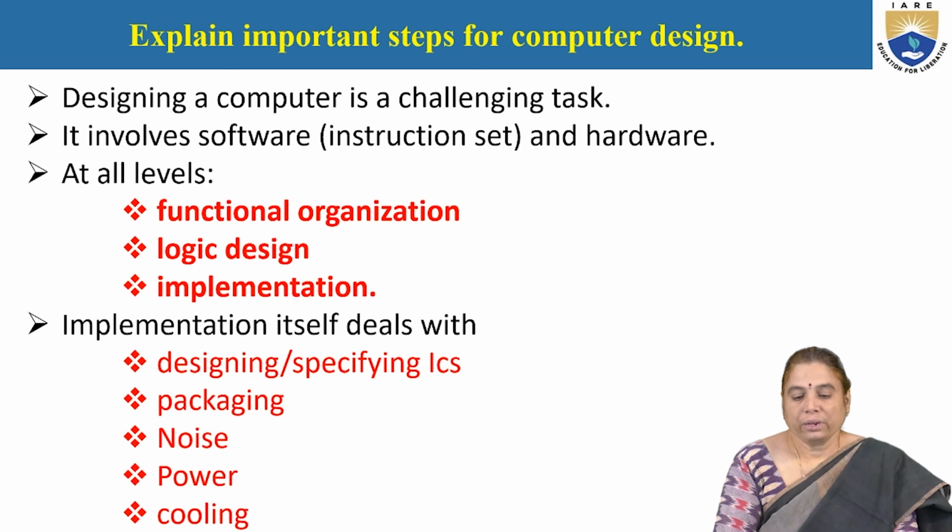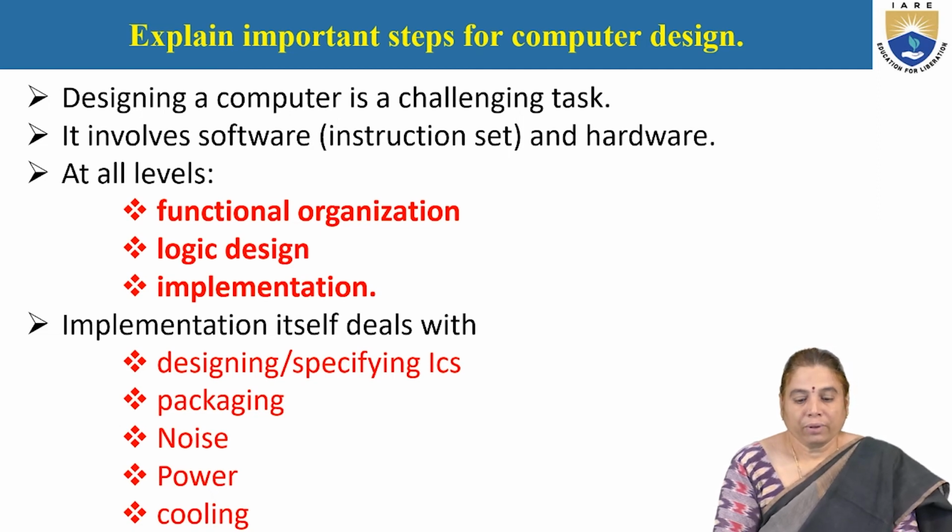The next question is, explain important steps for computer design. Designing the computer is a challenging task. Here the basic software and hardware features can be considered while designing the computer.